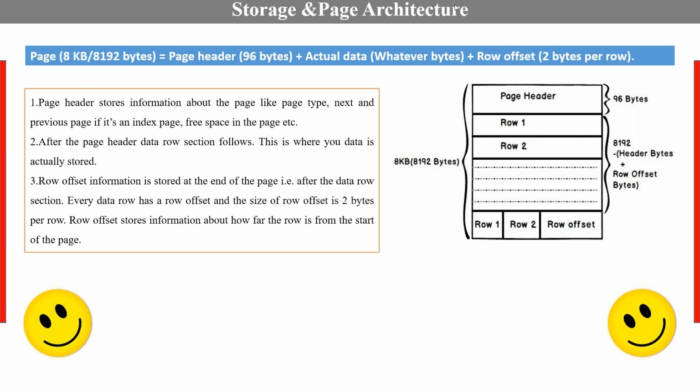The page header contains 96 bytes, the page footer contains 2 bytes, and the remaining, almost 8192 bytes, will be your data rows. This is your page architecture, sir.